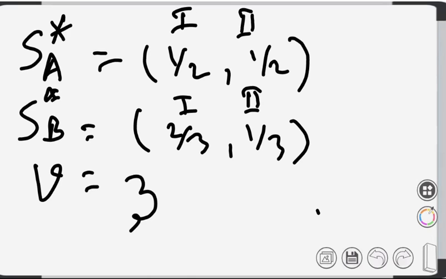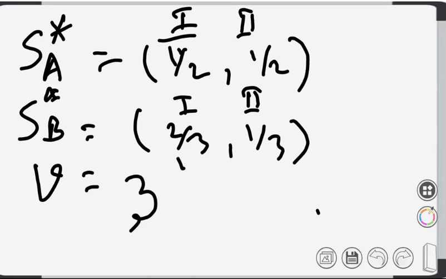strategy 1, and sometimes A is playing strategy 2. What is the interpretation of this? Out of 2 times, A will be playing one time strategy 1 and one time strategy 2. And for B, every 3 times, B will play twice the strategy 1 and once the strategy 2.